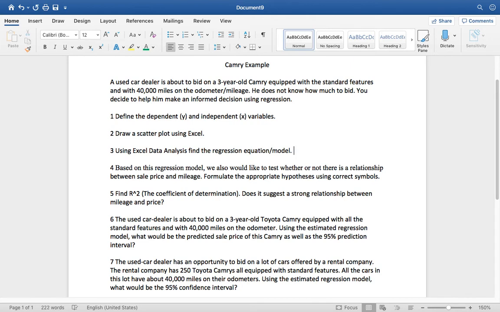So y is going to be the price of the car is going to be equal to, I'm rounding these figures and they're in thousands, don't forget that, 17.25 plus, minus 0.067, and x is going to be the mileage of the car. Okay, so that's that part done there.